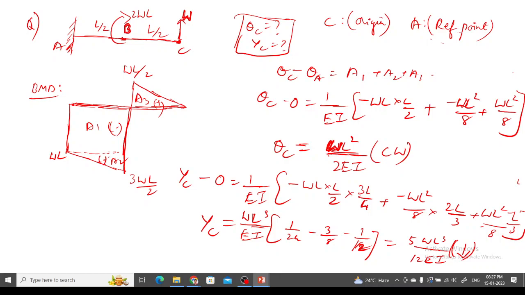So now we will work out a problem based on difference in EI. Okay. We will work out a problem with difference in EI. So I have a beam like this. Then I have this is 2EI.